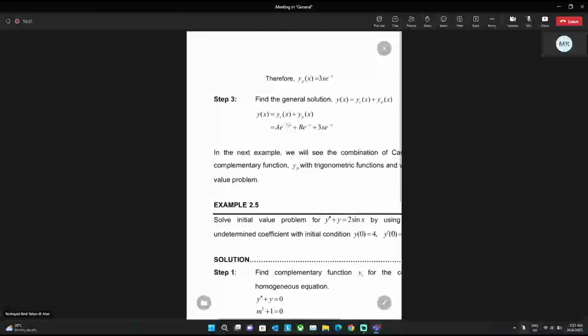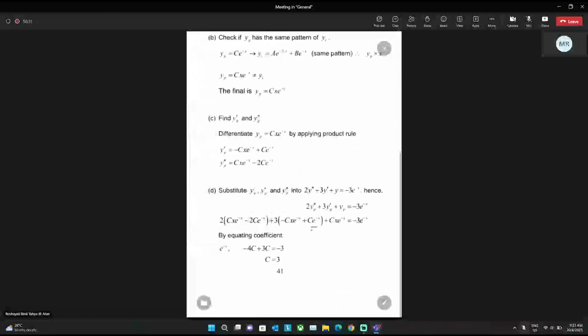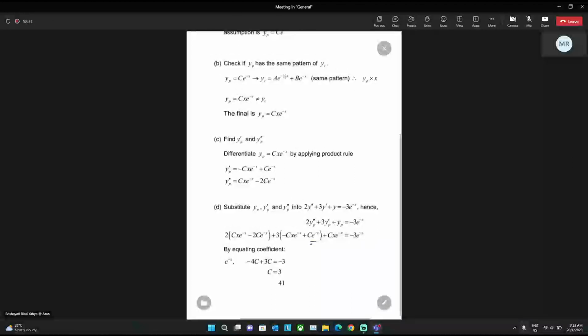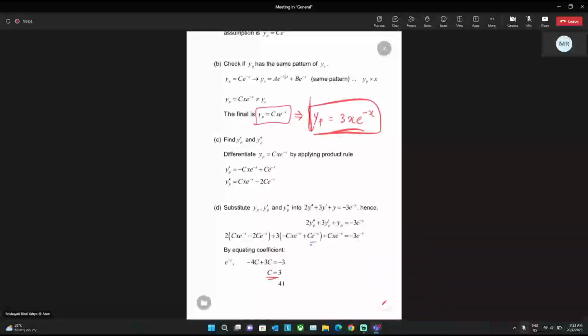Next page. So, YP. Just now YP tadi berapa? YP is CX exponential negative X. So since your C equal to 3, so YP become 3X exponential negative X. This is your YP and then please highlight.